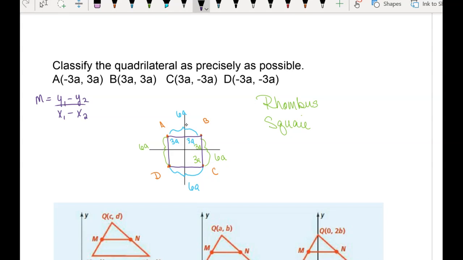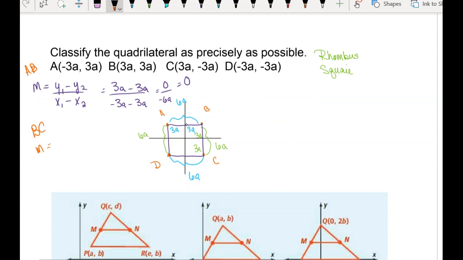So, 3a minus 3a over negative 3a minus 3a. So that gives me 0 over negative 6a. What's 0 divided by anything? That's right. I have a slope of 0.